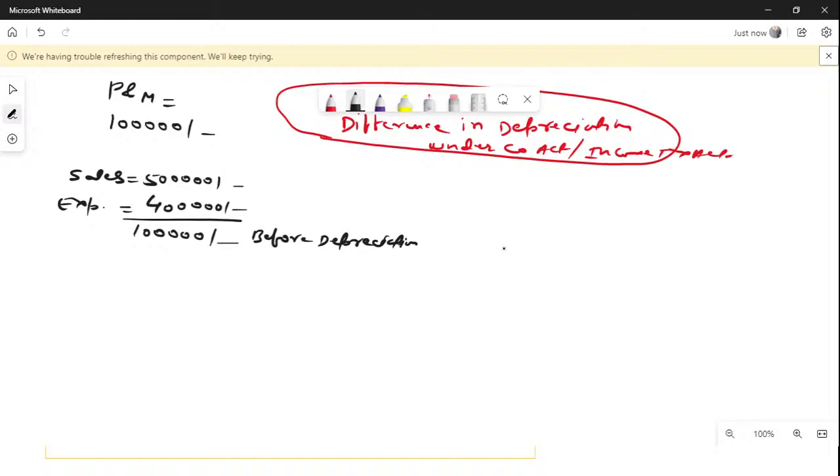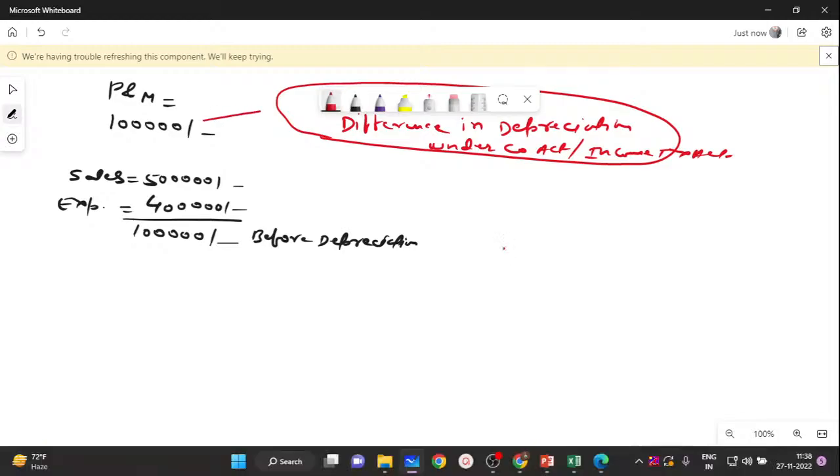Now, as per this plant and machinery, 1 lakh rupees investment is there. As per the Company Act, suppose the Company Act says you provide 20% depreciation, whereas the IT Act says you provide 25% depreciation.